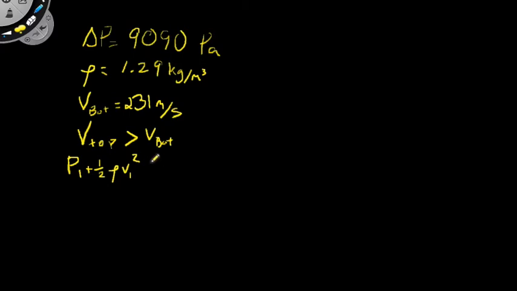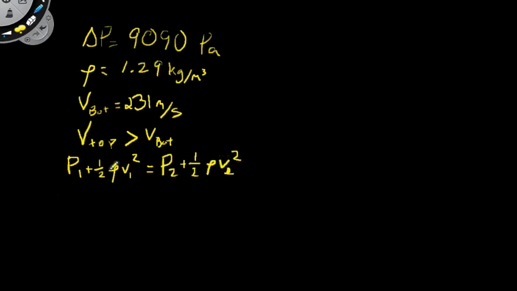We're taking it from, if you will, the middle of the wing. So I can leave out that gravitational potential difference. So I can just say that it's equal to P2 plus 1/2 rho V2 squared. So that's our velocity at the top.